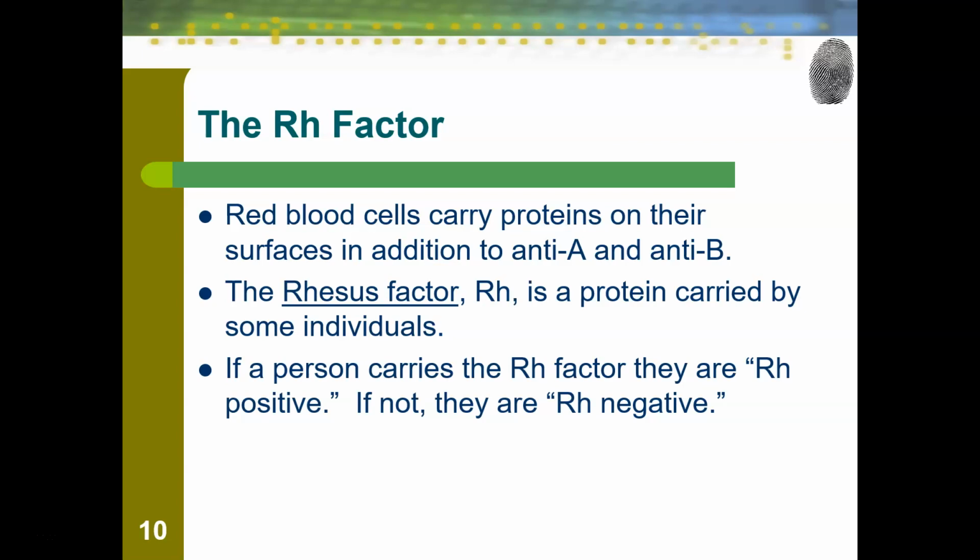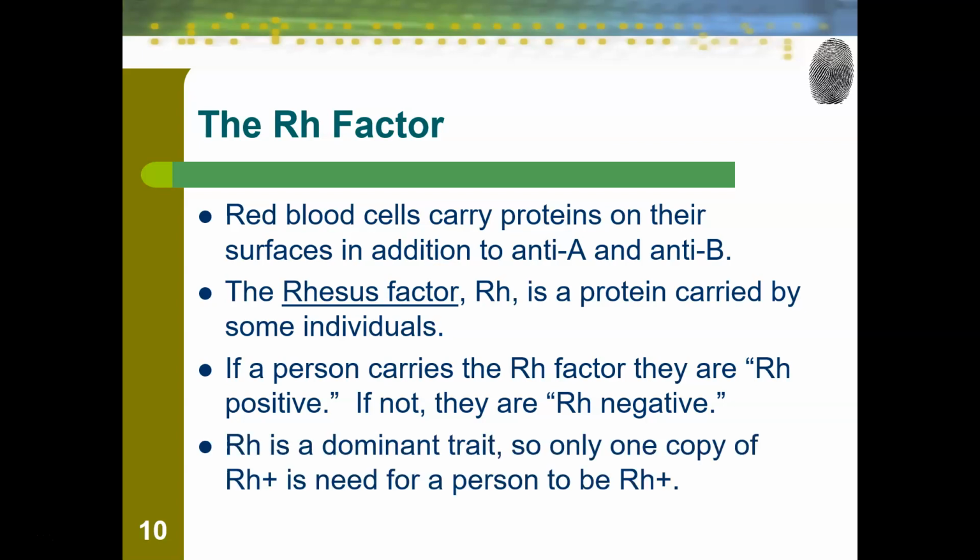If not, they are called Rh negative. So if you hear someone having O positive blood, that means they have type O blood and are positive for the Rh factor. Versus O negative blood has O blood but is negative for that Rh factor. Now Rh is a dominant trait, so only one copy of Rh positive is needed for a person to be Rh positive.